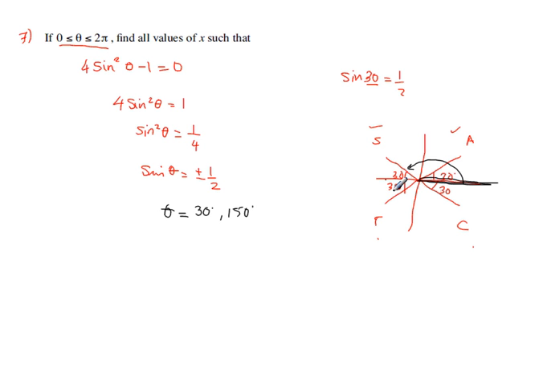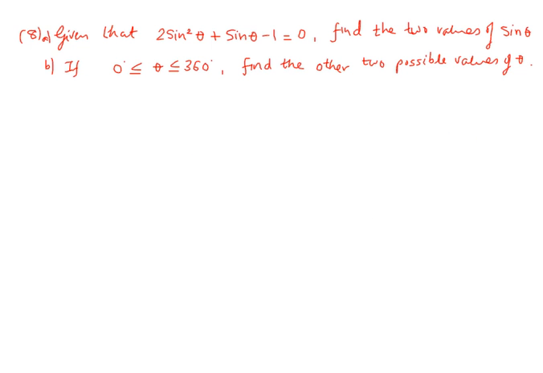Third angle would be 180 plus 30, so that is 210. Fourth angle will be 360 minus 30 because the fourth angle would be all the way till here. So that's 330. So that's how I get 4 solutions in this. Whenever you get this plus or minus, you get 4 solutions. If it's only positive, you will get 2 solutions. If it's only negative, you will get 2 solutions.